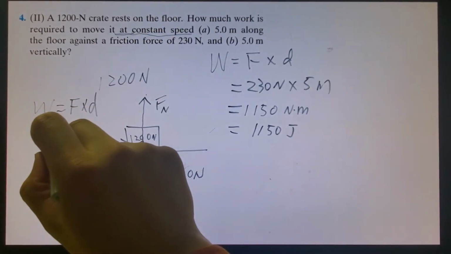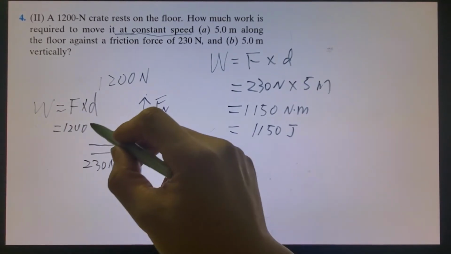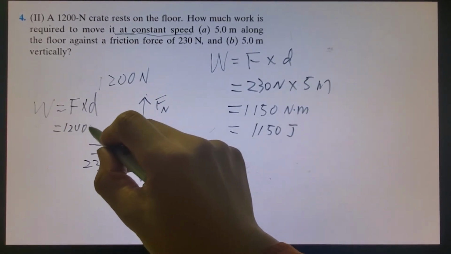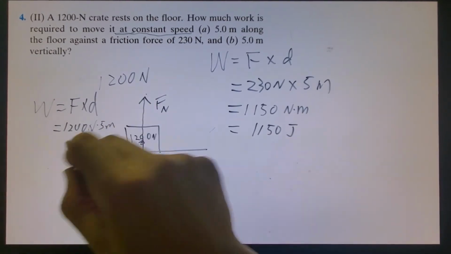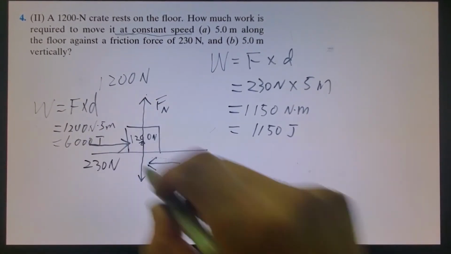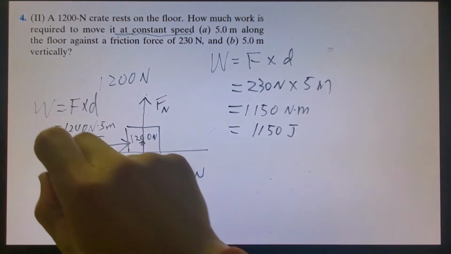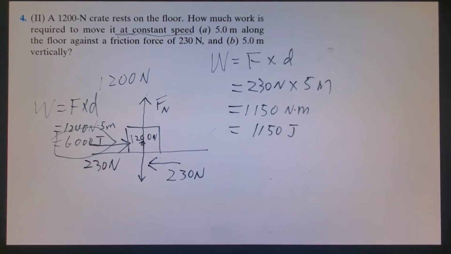If you push up 5 meters, that means you have 1,200 Newton times 5 meters, which is equal to 6,000 joule. So that means if you push up, you have to spend that much energy.